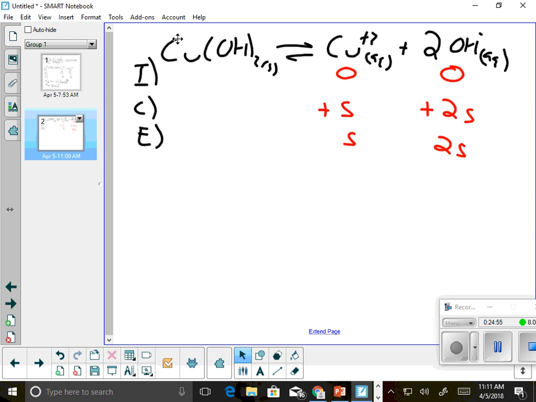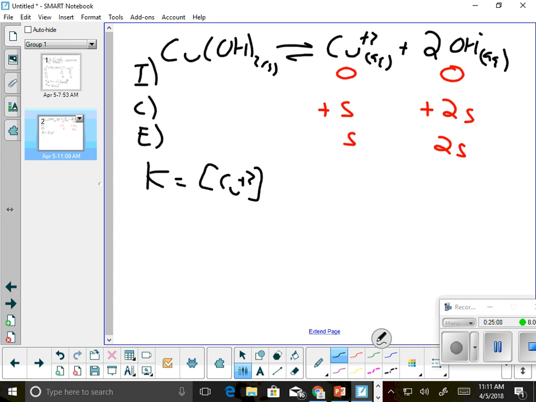This is the second way that you might get tripped up on these types of problems, is the 2 part. Remember, if I were to write the K for this, it'd be the concentration of copper times the concentration of hydroxide squared. I have to take things to their stoichiometric coefficient, which means when I plug in my equilibrium values, I have S and I have 2S squared equaling my KSP.